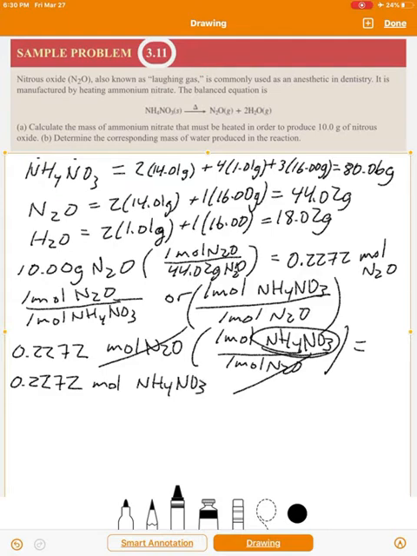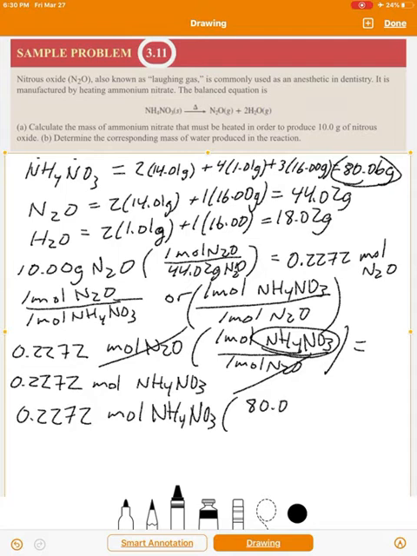And then we just want to convert that to grams. Calculate the mass. So that's a mass conversion. We go from moles to grams, okay? So the ammonium nitrate's right here. There's our conversion factor. 80.06 grams is how much 1 mole weighs. So I'm going to take our 0.2272 moles of ammonium nitrate and then multiply that by 80.06 grams, divided by 1 mole of ammonium nitrate.